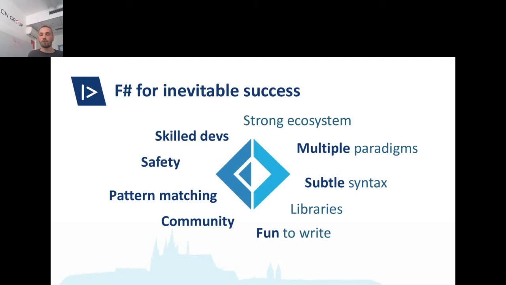It's really, really safe. I know it's a bold statement, but we have nearly 0 bugs in production, because it's really safe thanks to pattern matching and immutability and all the other stuff. And as I said, this is a really nice community that can help you if you want to start.